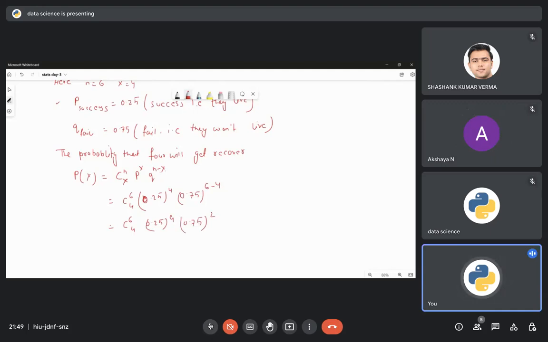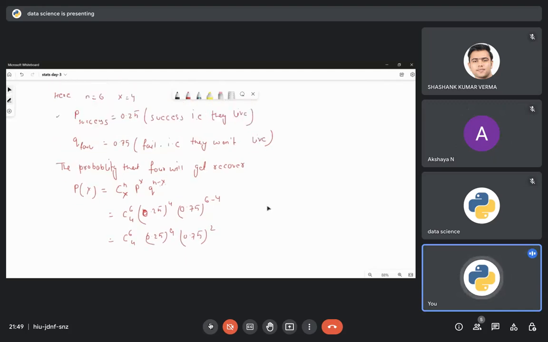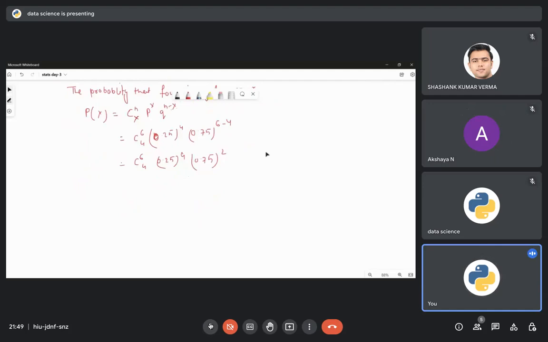Now, how are we going to calculate the C, the combination? We are going to calculate it by this formula. Wait, it's a combination actually. Just a minute.